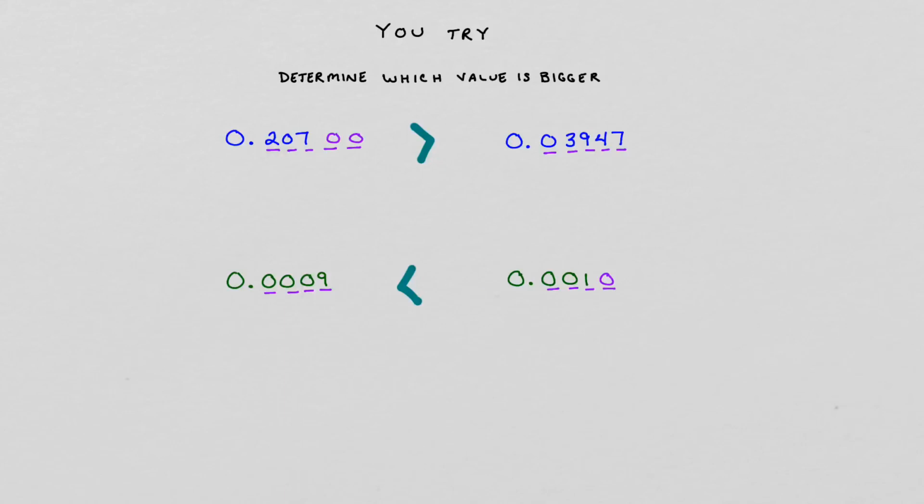So we can see that 20,700 hundred thousandths is greater than 3,947 hundred thousandths. And for question 2, we are now comparing 9 ten thousandths to 10 ten thousandths. This is why we are going to write the statement that 9 ten thousandths is less than 10 ten thousandths.